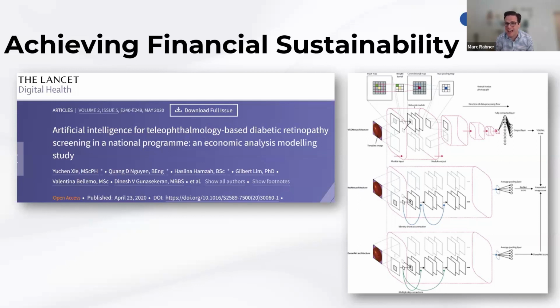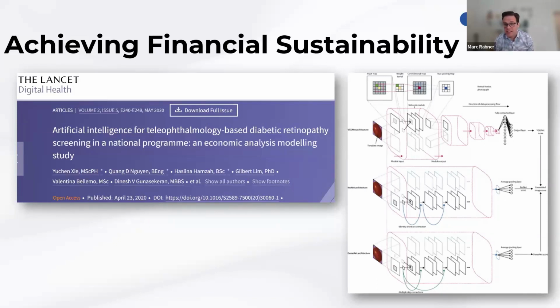I mean, we'll see what happens there. But this is a study out of Singapore that evaluated a deep learning system to detect diabetic retinopathy. Diabetic retinopathy is a consequence of poorly controlled diabetes, or can be, and can result in blindness if not identified, addressed, and the diabetes not well controlled.